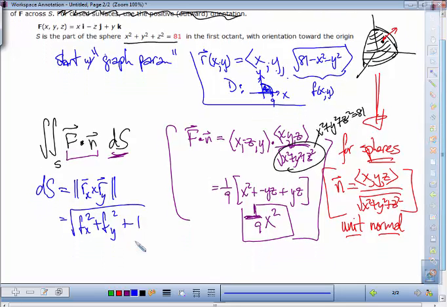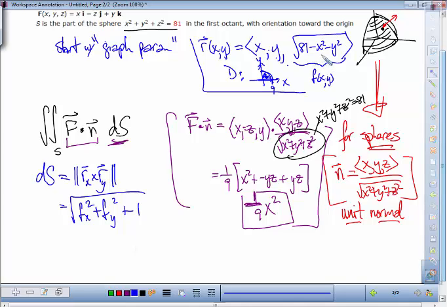And we have to imagine taking the derivative of this thing. This is one of those things that you probably do over and over again, because you're going to be taking a lot of fluxes over spheres. If you look at the derivative of this, imagine this is a 1/2 power. So it'll be 1/2 this thing to the negative 1/2 power.